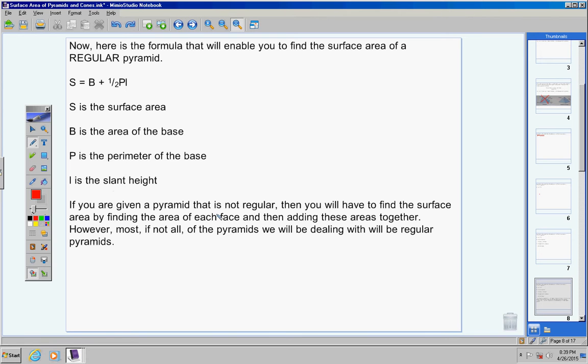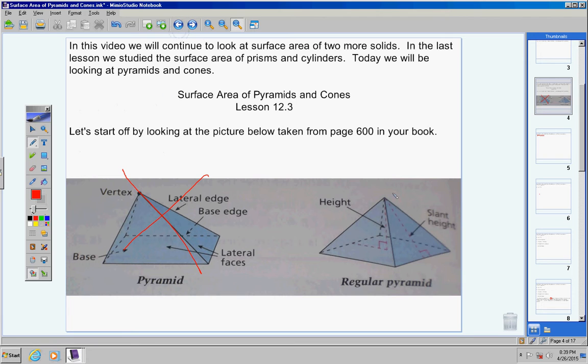If you are given a pyramid that is not regular and I ask you to find the surface area, then you would have to find the surface area of each face and add these areas together. Let's go back a couple pages. If I ask you to find the surface area of this pyramid here, notice it's not a regular pyramid.